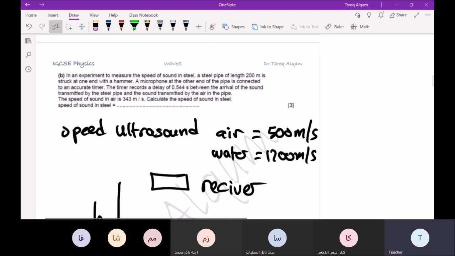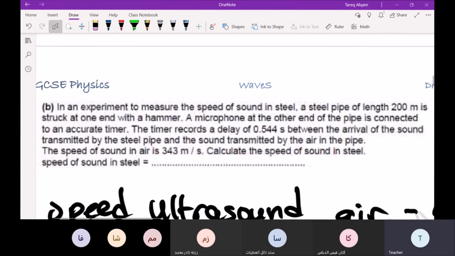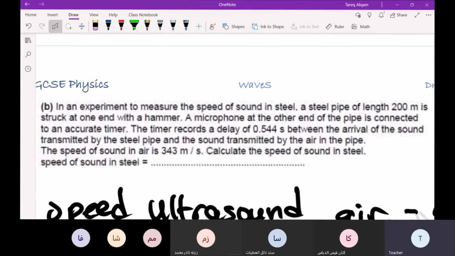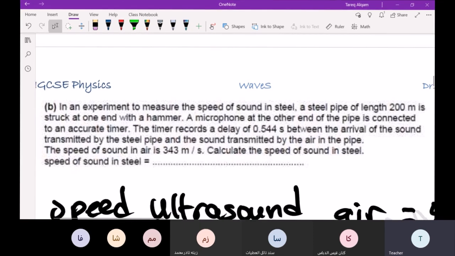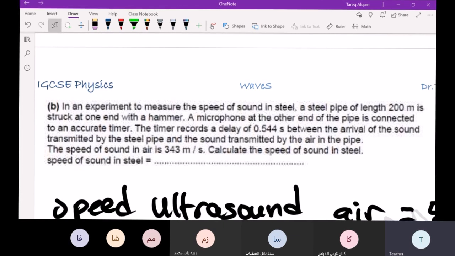Great. Now look at this question. This is an old past paper question, guys. In an experiment to measure the speed of sound in steel, a steel pipe of length 200 meters is struck at one end with a hammer. A microphone at the other end of the pipe is connected to an accurate timer.